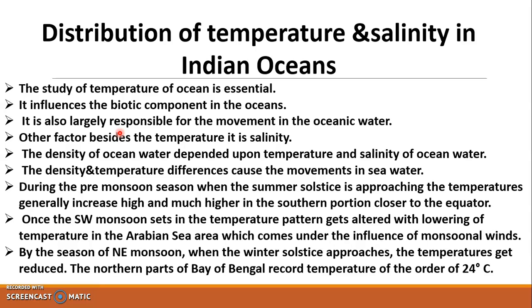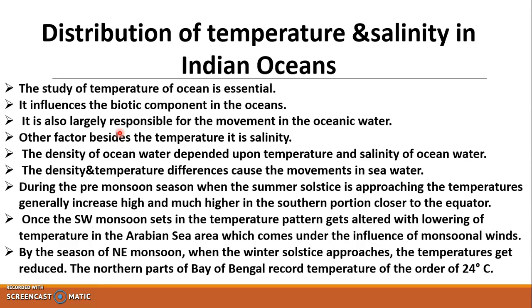Whenever the Earth's axis is tilted towards the sun in maximum amount, we call it summer solstice. It occurs twice in a year, once in each hemisphere: once in the southern hemisphere, then in the northern hemisphere.